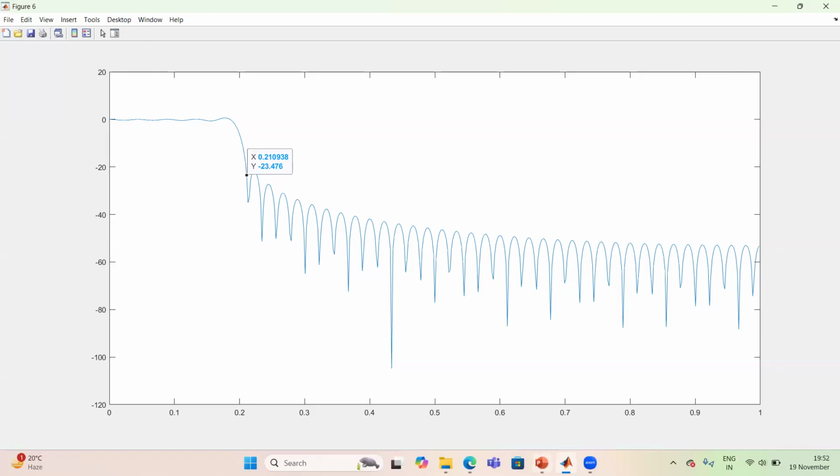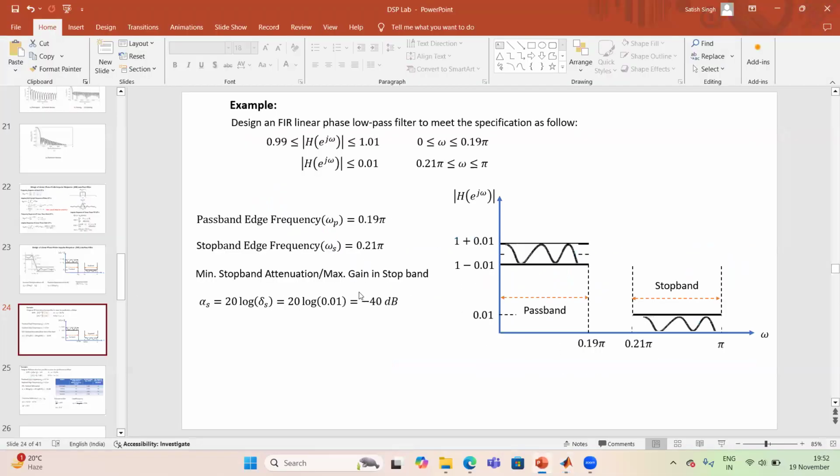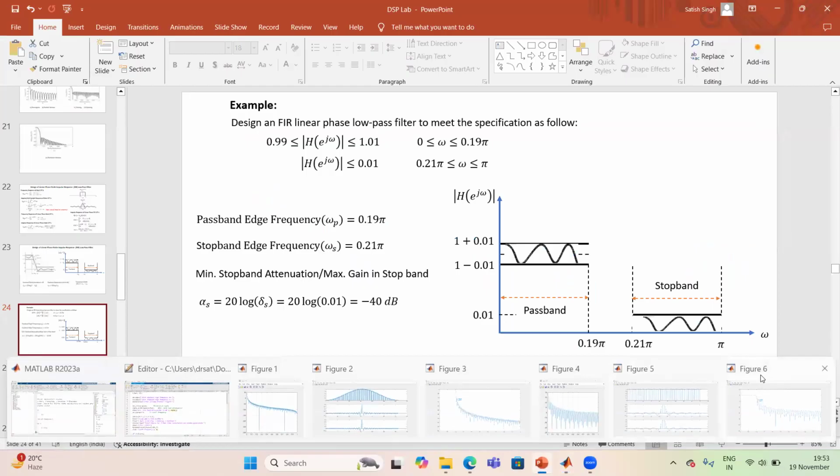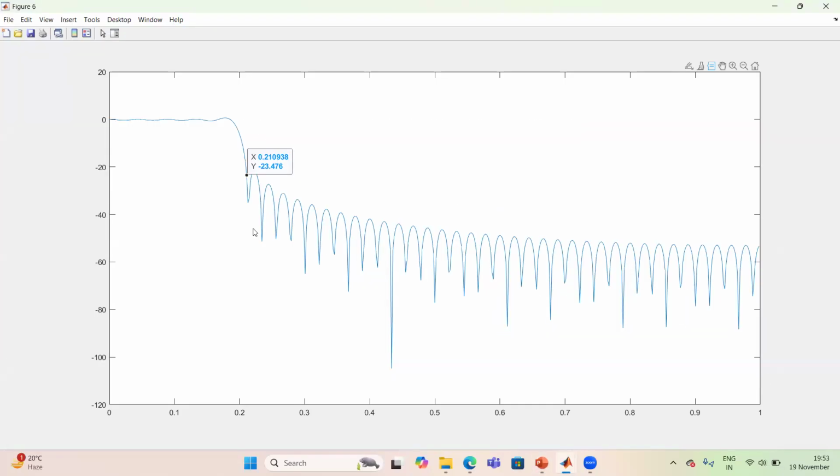But you see that this gain should have been minus 40 dB. What we require is at least minus 40 dB, so the attenuation required is more. But this filter, if we had taken this particular rectangular window, is not able to meet the specification. Here is the problem. It is not able to attenuate the signal.